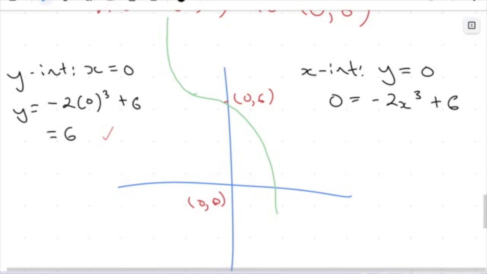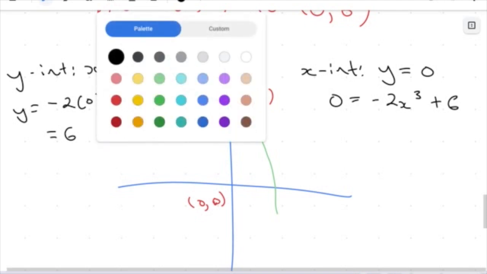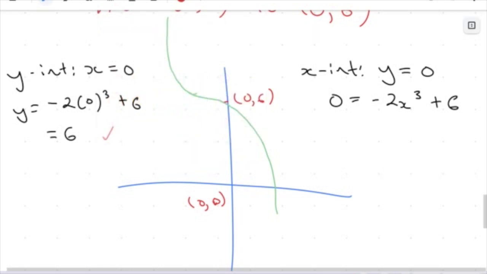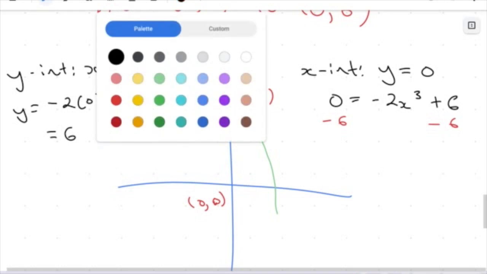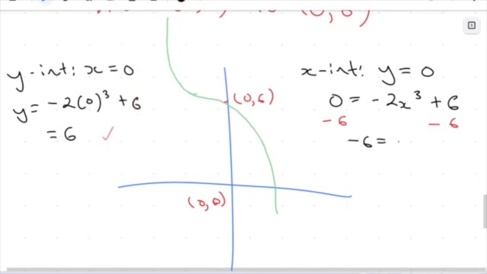So this is where the skills we got a couple of videos ago start to translate over to curve sketching. So here we want to solve this equation. We want to strip away everything until we're left with x. So the first thing we're going to do is subtract 6 from both sides. That's the last thing that was done to the x. So doing this, I get minus 6 equals minus 2x cubed.